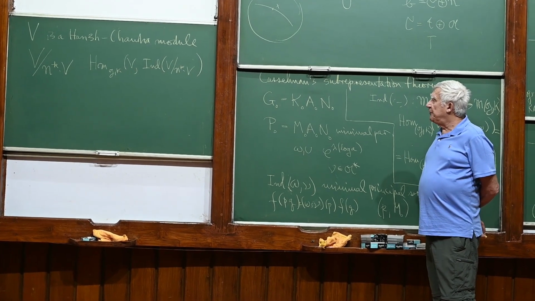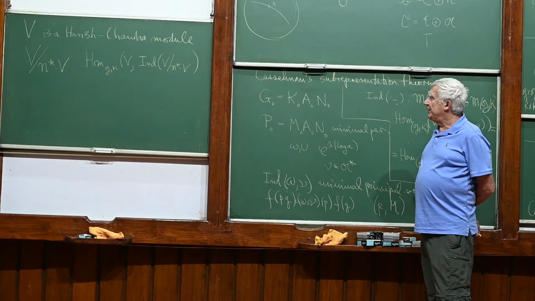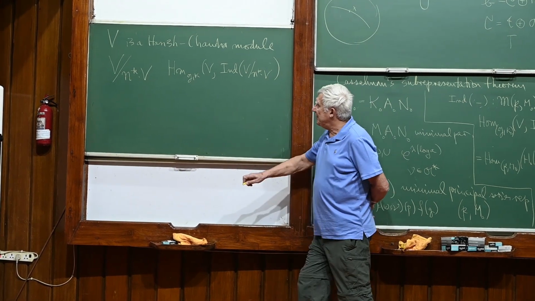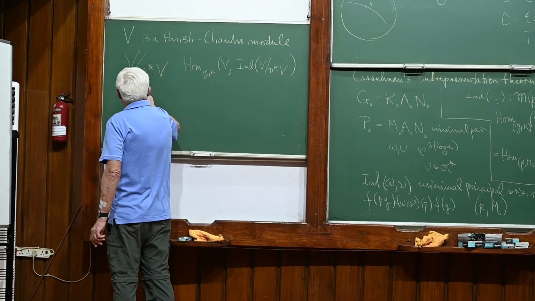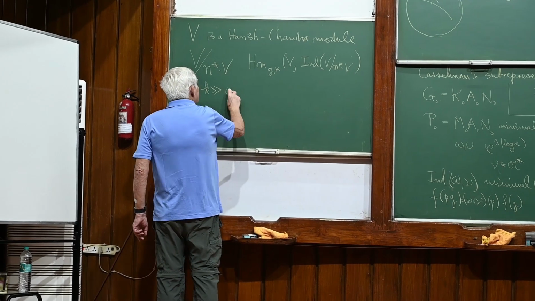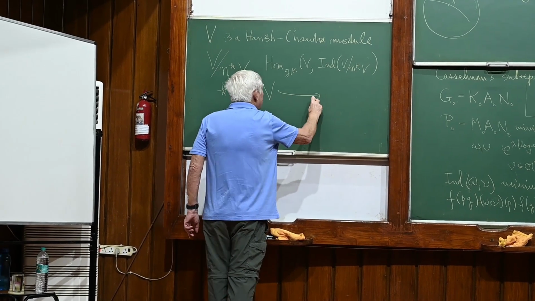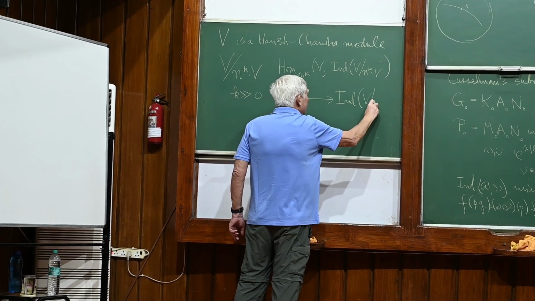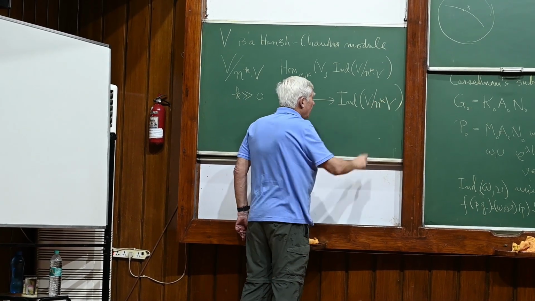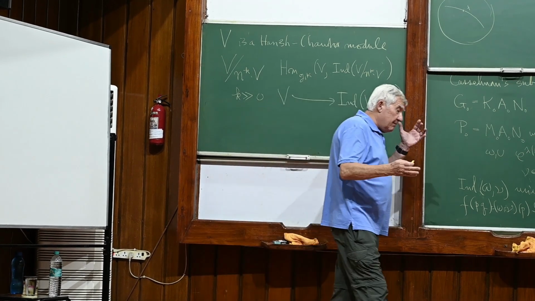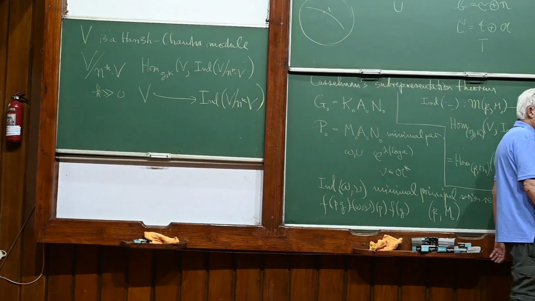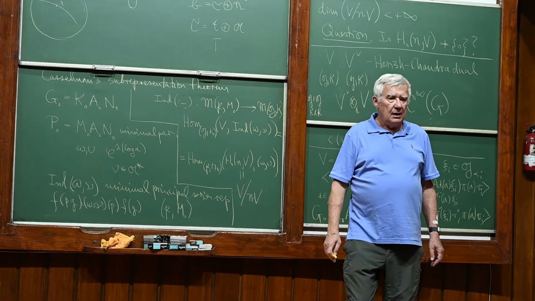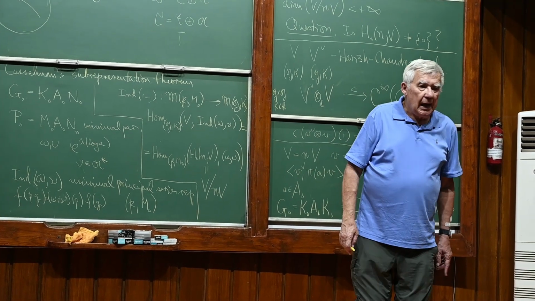But now a small analysis of this implies that if I take sufficiently large K, then actually V will embed in V and K. So any Harishchandra module sits inside this induced module, for K large.